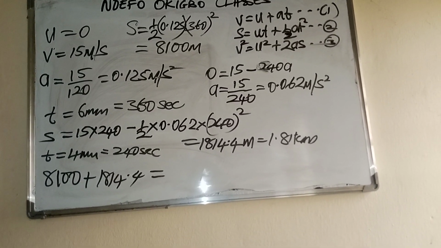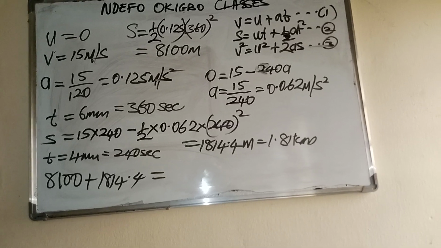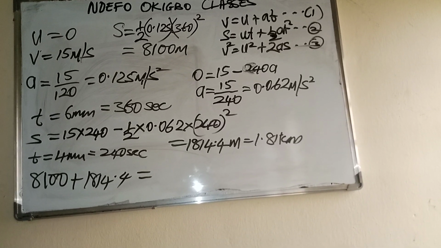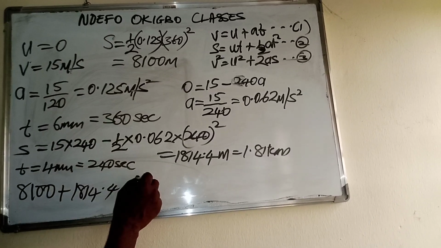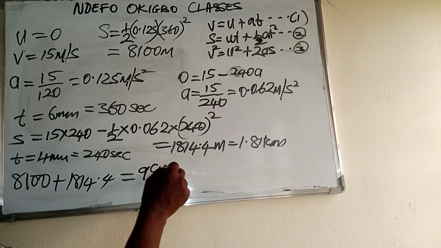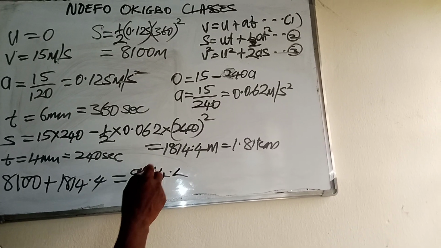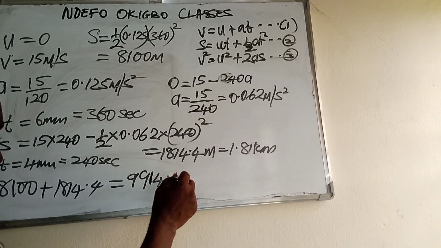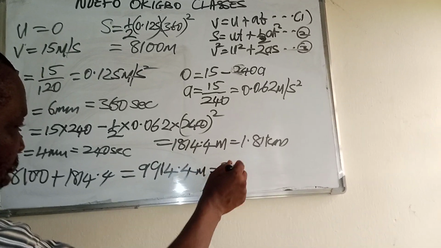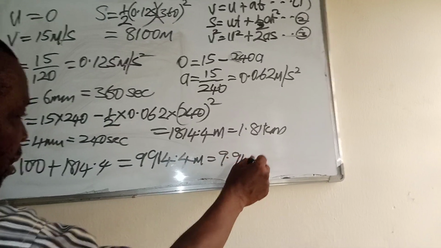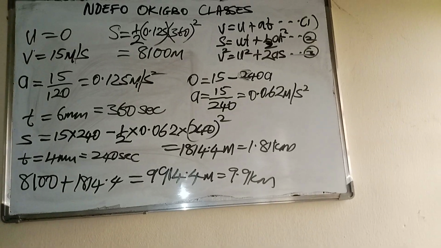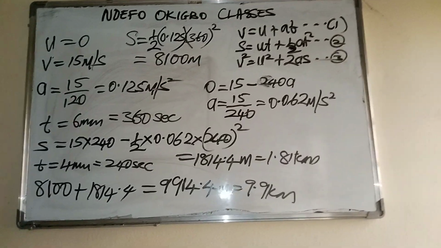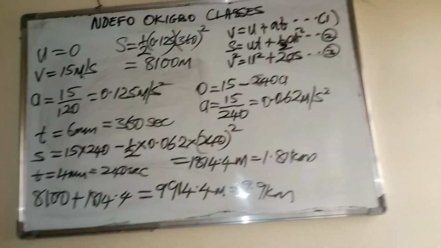The total distance traveled is 9914.4 meters, which is equal to 9.9 kilometers. That is the distance traveled by the vehicle, both in accelerating and decelerating.